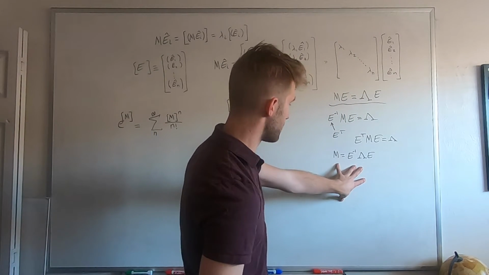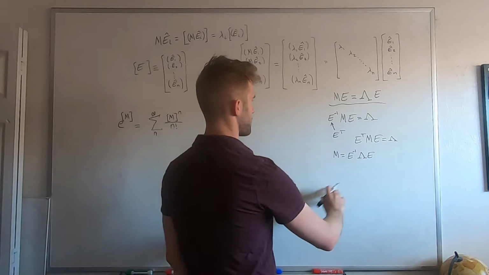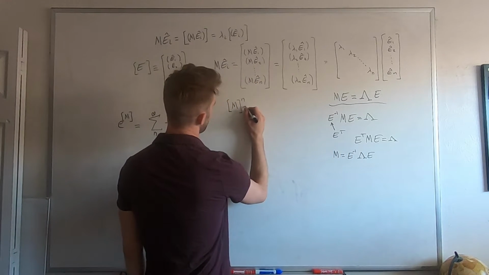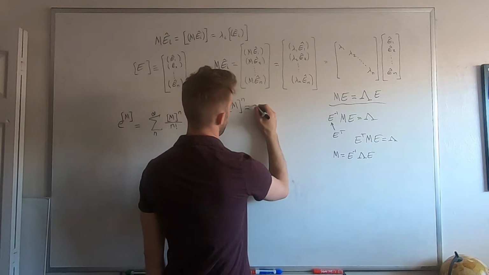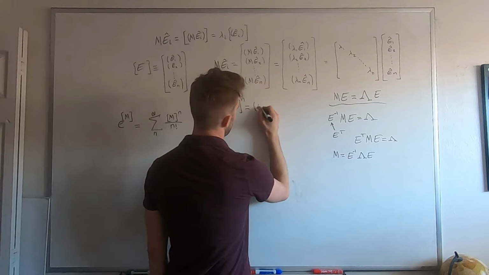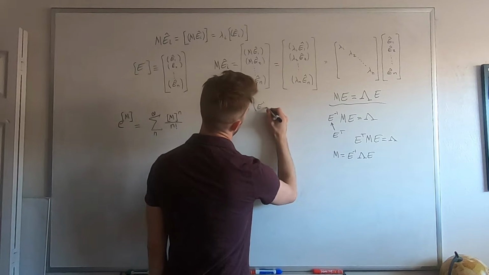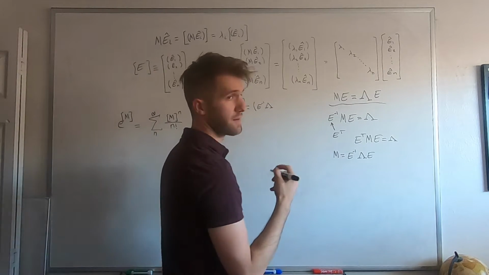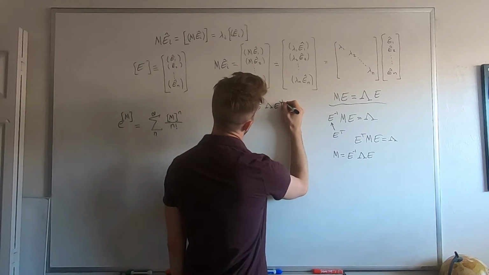So let's raise this to the nth power. We're just going to be multiplying these all out. So we're going to have m to the n, and basically E inverse times our eigenvalue diagonal matrix and E, to the nth power.